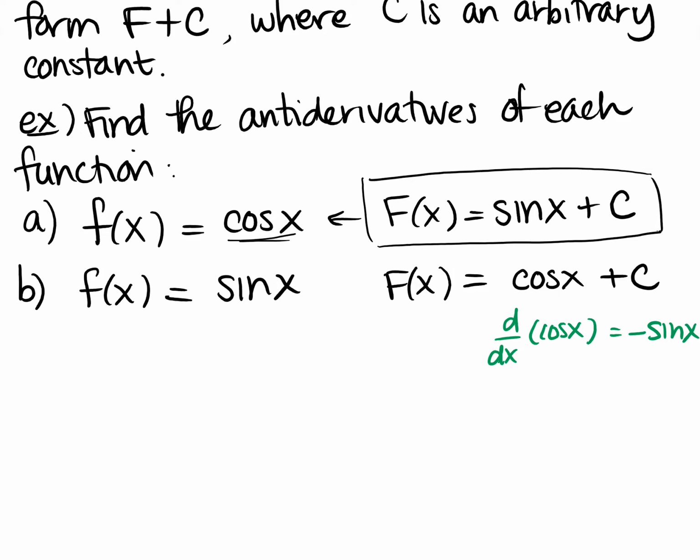So I don't want a negative sine x, right? I want a positive sine x. How could I get rid of that negative sine x? I'm going to actually just put a negative in front of cosine, because now if I check this, the derivative of a negative cosine of x would be a negative of the derivative of cosine of x, which is a negative sine x, and that would be positive. So that is how you're going to check yourself when you're dealing with these antiderivatives, okay?